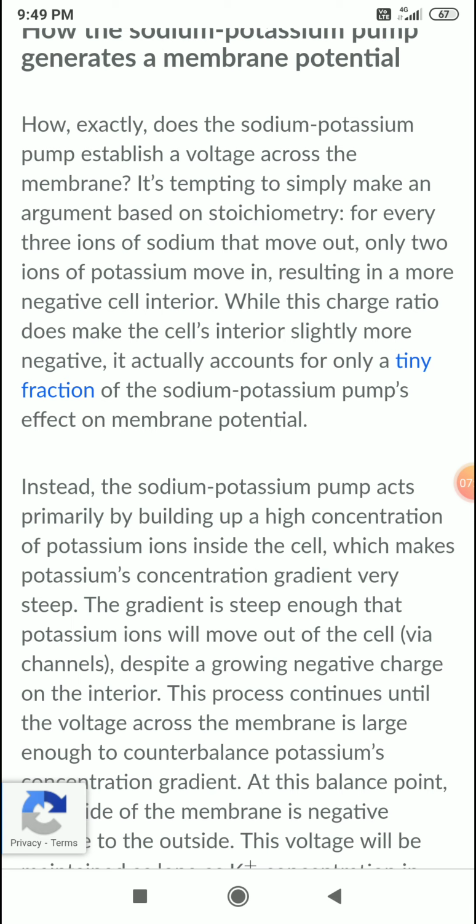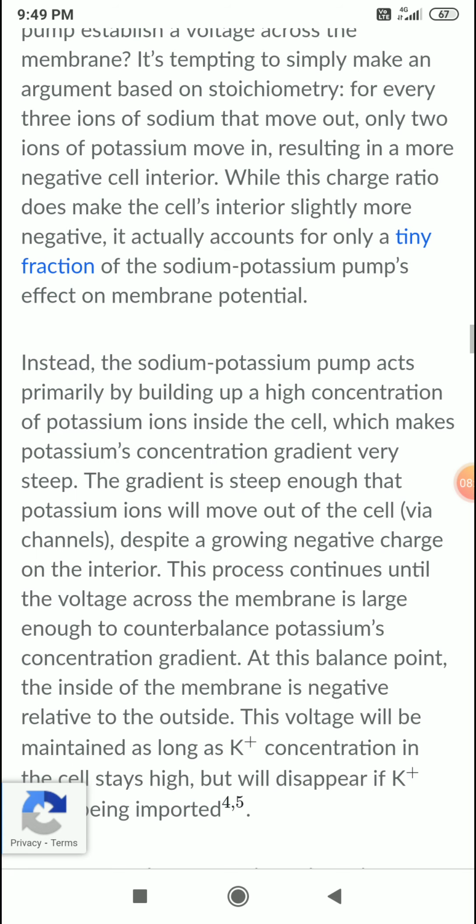The sodium potassium pump acts primarily by building up a high concentration of potassium ions inside the cell, which makes the potassium concentration gradient very steep. The gradient is steep enough that potassium ions will move out of the cell, despite a growing negative charge on the interior.